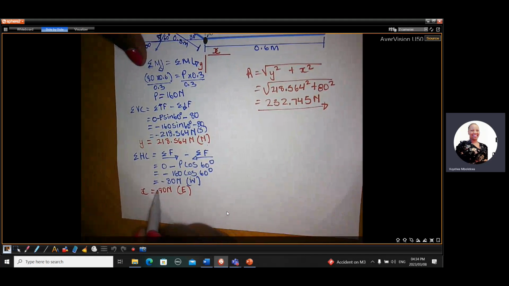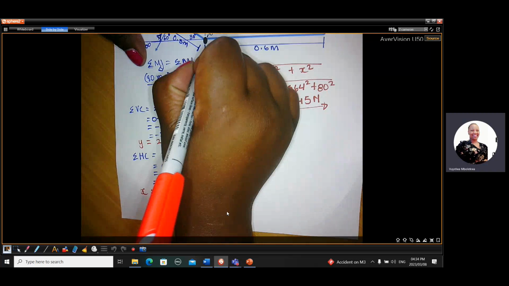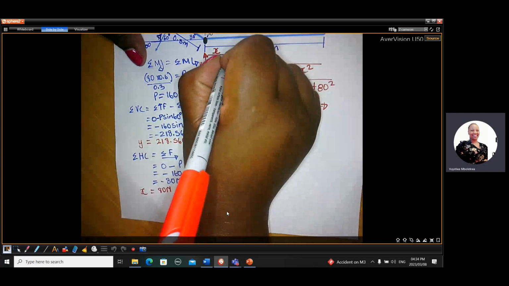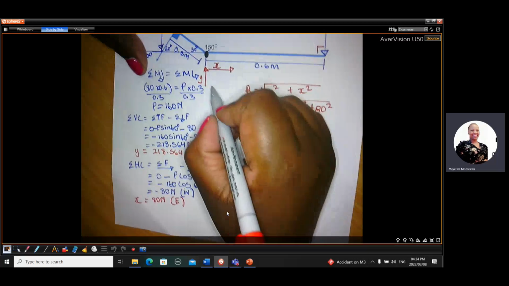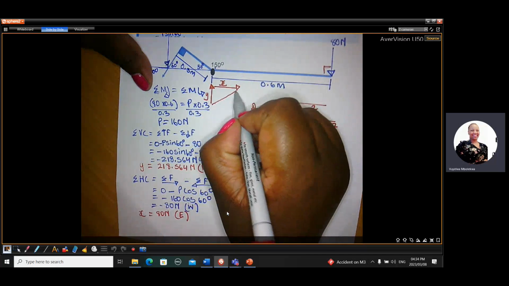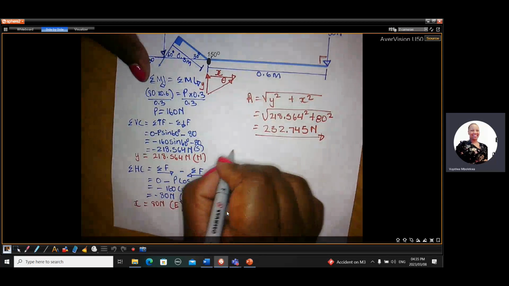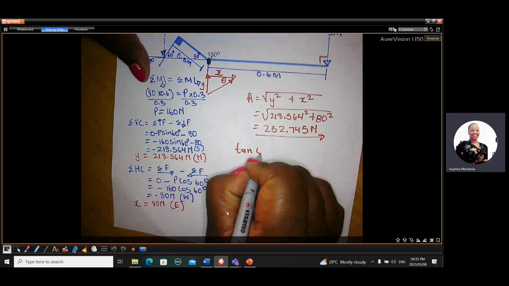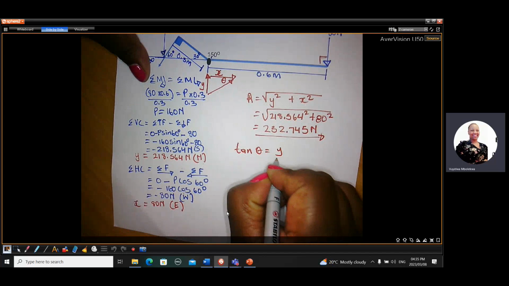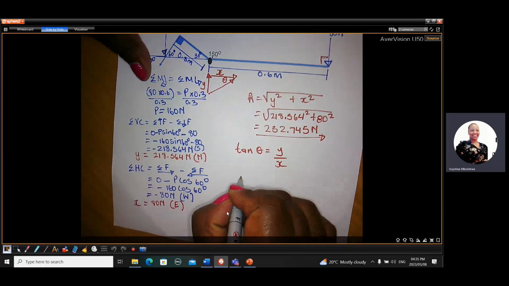And then to calculate an angle, let's just resketch it, because it told us that the Y must go north and the X must go east. So the reaction force is there. This is the angle that we will calculate. To calculate that angle, we say tan theta equals opposite over adjacent.